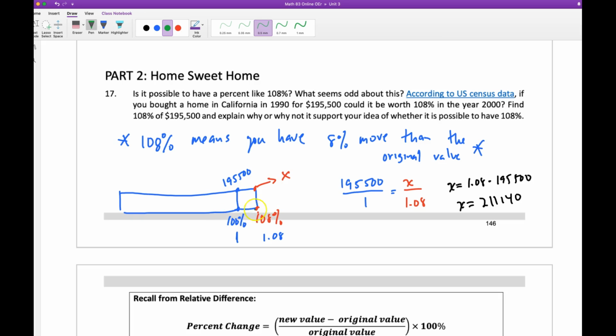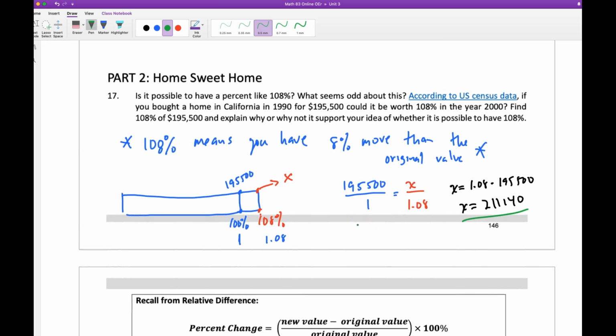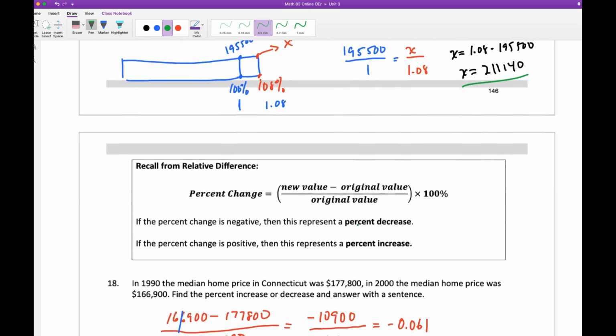Then you can see 108% is going to be some value bigger than 195,000. How do you solve that? You write a ratio and proportion to find that missing value. Take this number over this decimal number, x over 1.08, and then you solve for it. That's a way to think about something more than 100%.